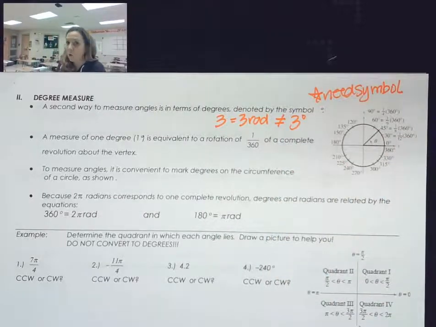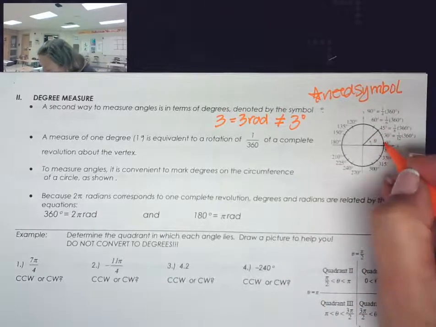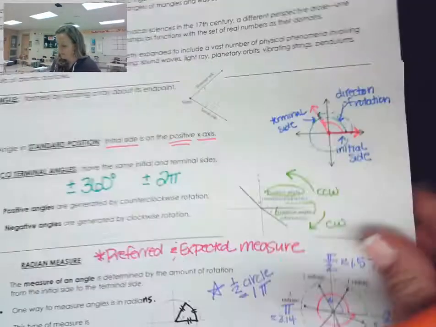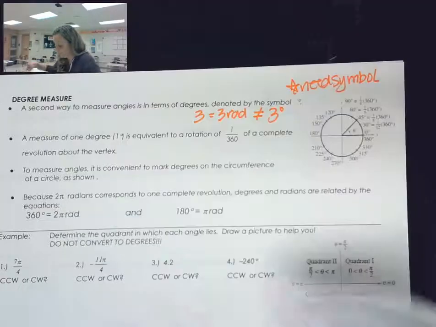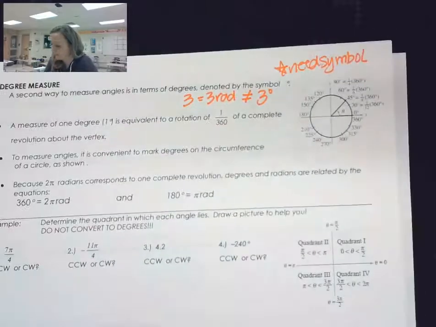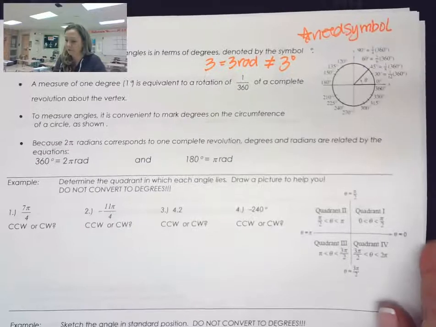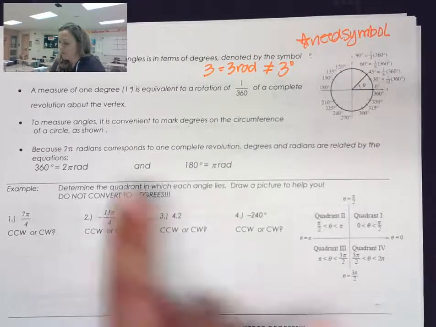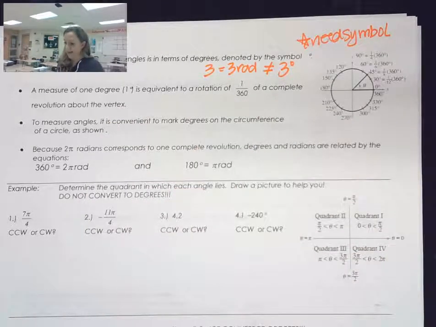So again, a whole circle is 360 degrees. So 3 degrees would be way down here, okay? But if you look back at where 3 radians was, 1, 2, 3, 3 radians would be way over here, all right? So again, make sure that you have the unit of degrees when you're talking about that kind of measurement. So a measure of 1 degree is 1/360th of a complete revolution.